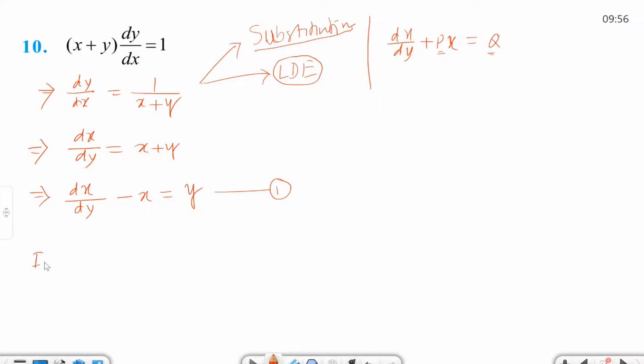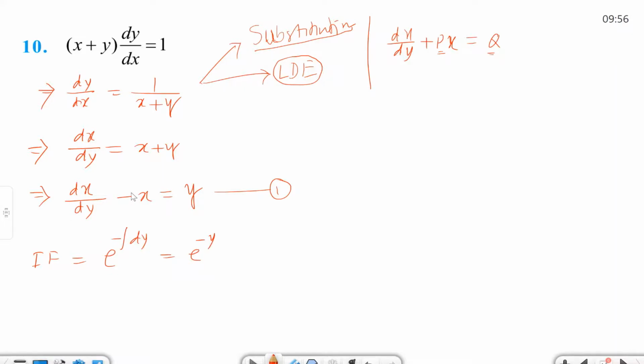So the integrating factor is equal to e to the power integration of P dy. Here P is minus 1, the coefficient of x is minus 1, so minus dy, so simply e to the power minus y.